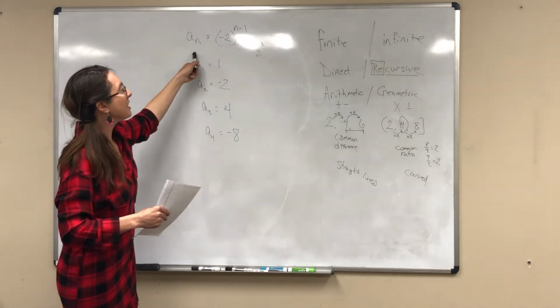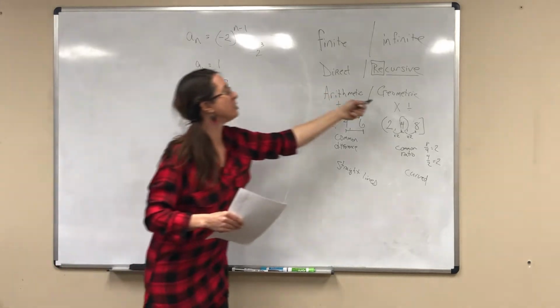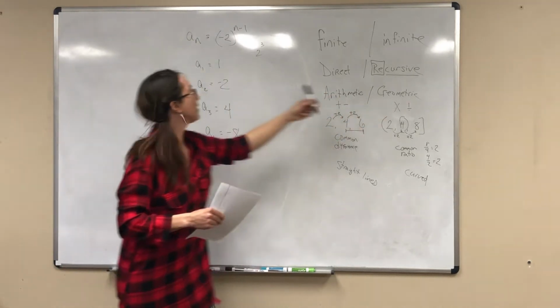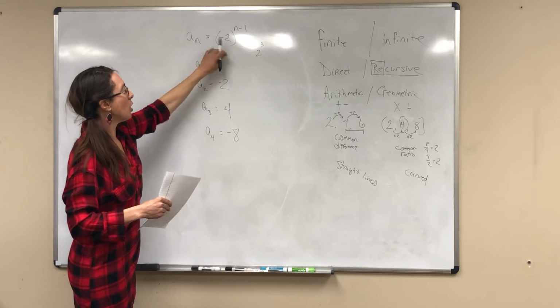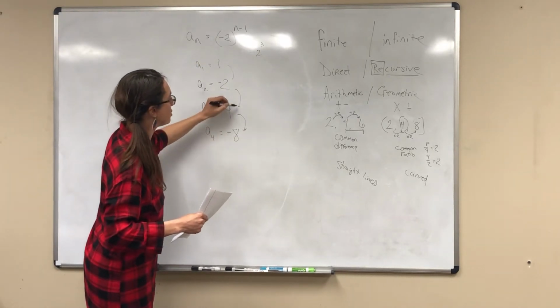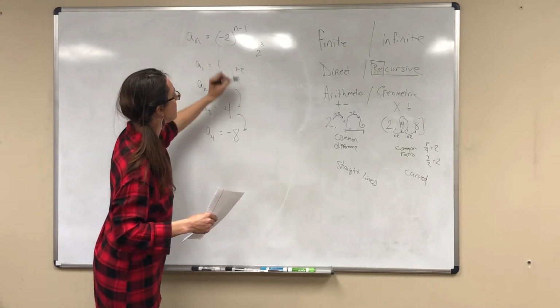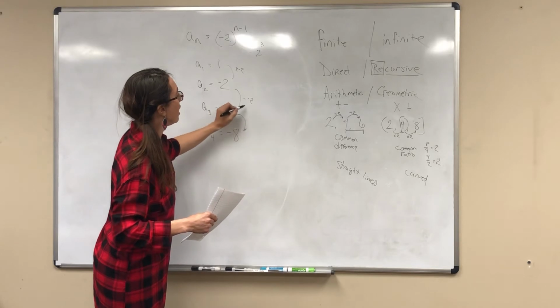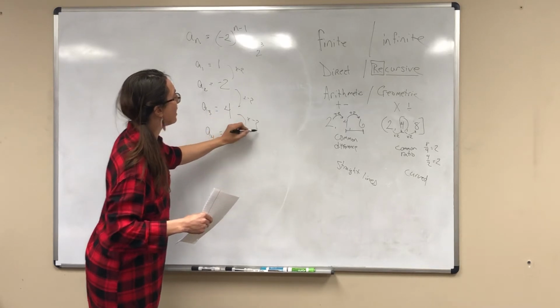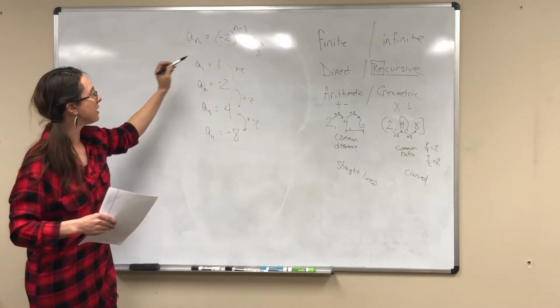So this is a direct formula for a geometric series, because we are going by multiples. This one is multiplying times 2, and this one, we're multiplying times negative 2. So when we look in our formula, where do we see negative 2?